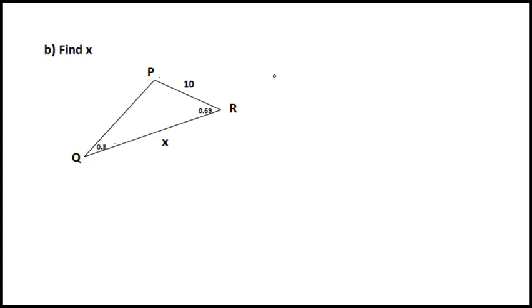Let's go to B. This time the angle is given in radians. We are looking for this x. The corresponding angle will be this angle P. So for the angle P, we will use pi minus 0.69 minus 0.3.